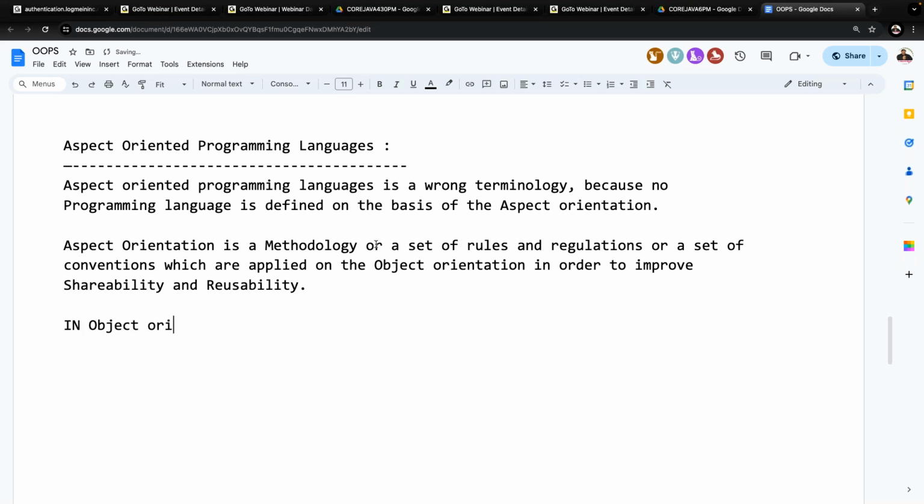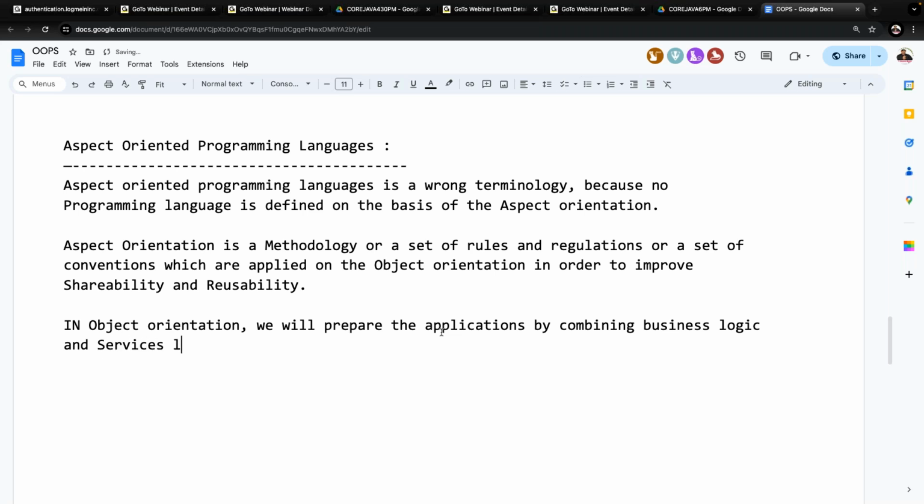In object orientation, we will prepare the applications by combining business logic and services logic.